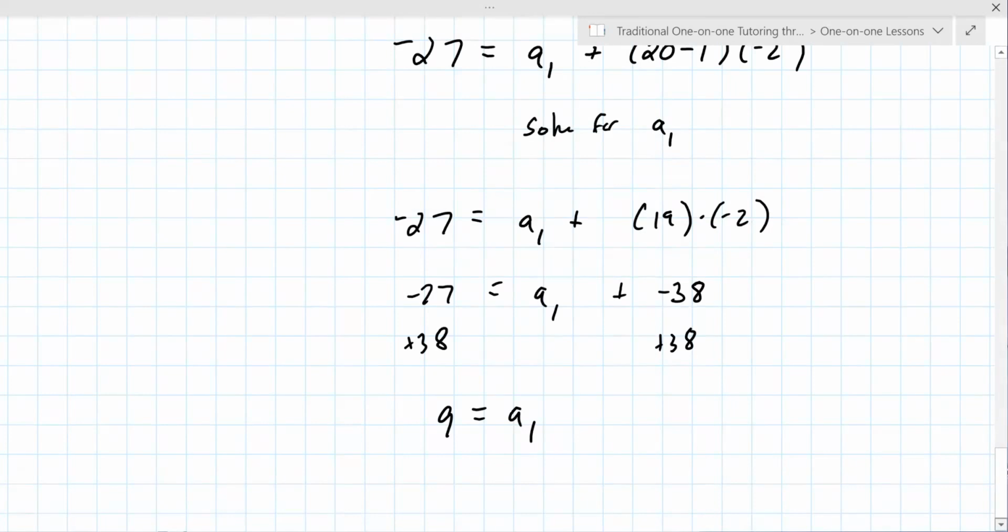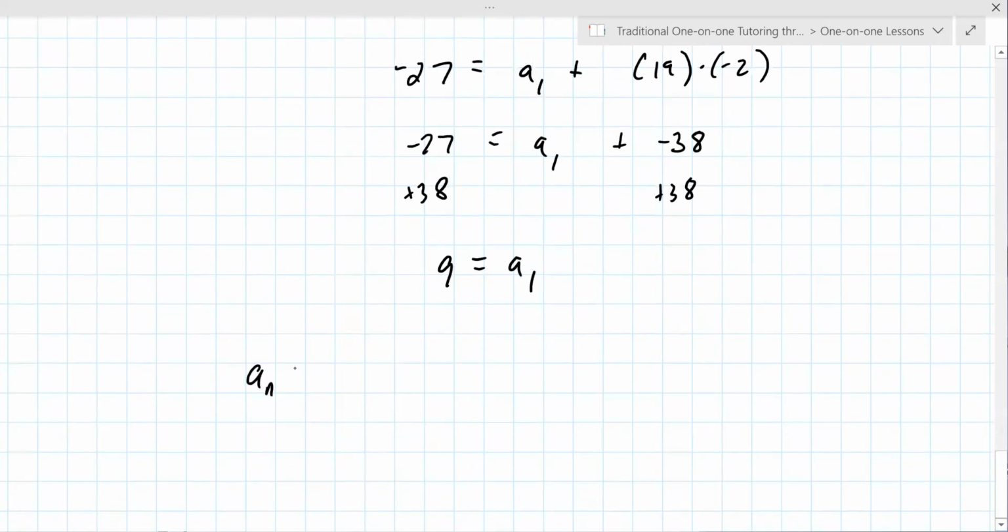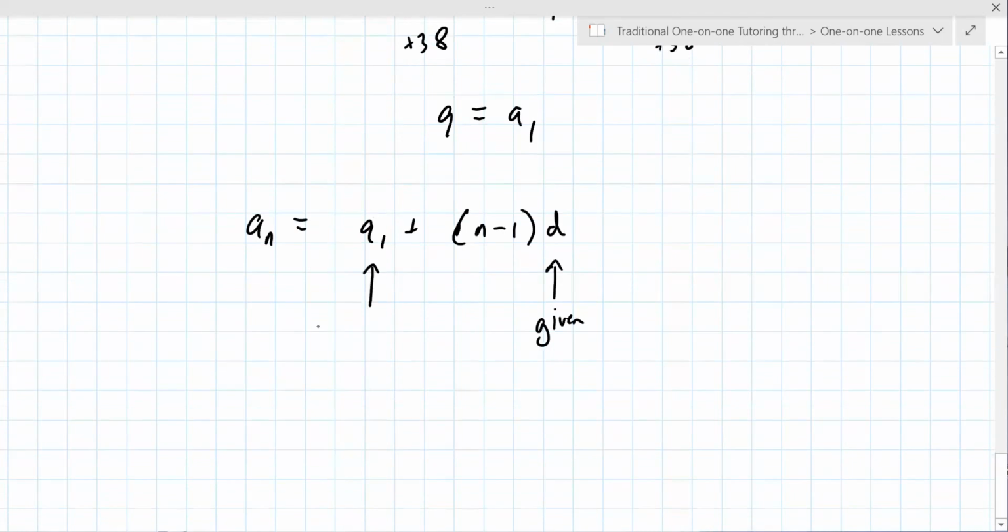So the reason we're doing all this is because we want an equals a1 plus parentheses n minus 1 times d, and you need these 2 things. D is given in your problem as -2. But a1 you had to calculate.